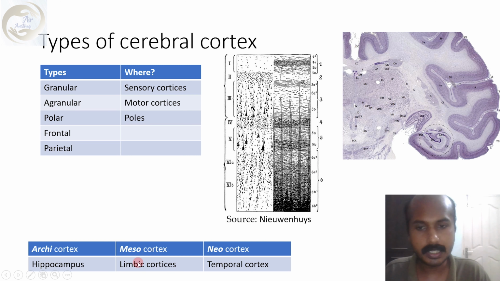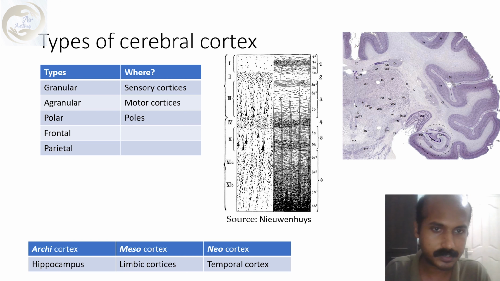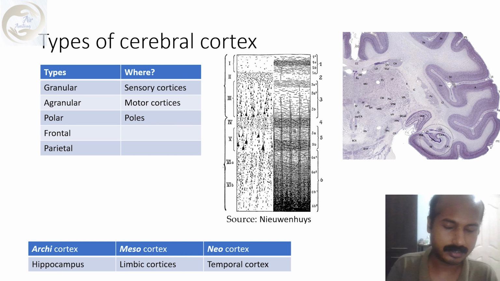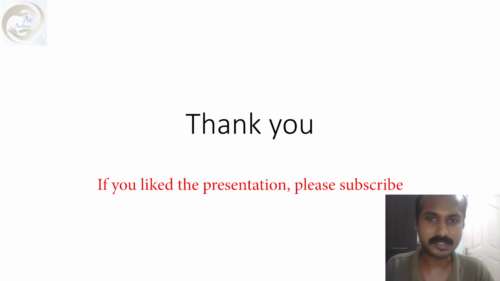They come under limbic cortex, for example the parahippocampal gyrus and the cingulate gyrus. There you can see a trade-off between 3-layered and 6-layered cortices, so they are called mesocortex. So these are the other types of cortices that can be mentioned when you are asked the types of cerebral cortex. With that, I think we can wind up the discussion on cerebral cortex. Thank you.